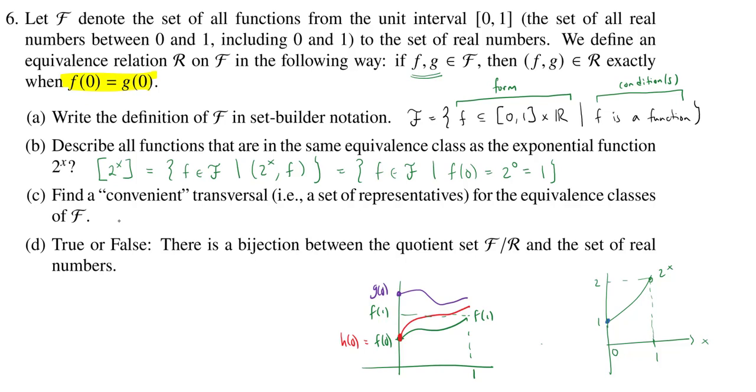But I'll show you one convenient one, and hopefully you're able to either get this one or something else which is similarly convenient. So what do we know about these equivalence classes, right? If you take any two functions in the same equivalence class, they both start at the same point, meaning at 0, they have the same output.